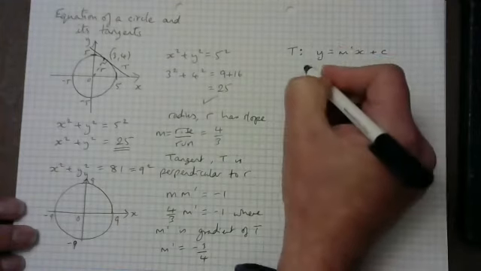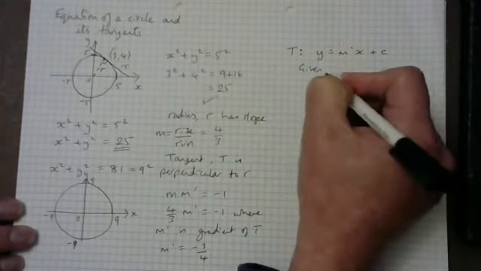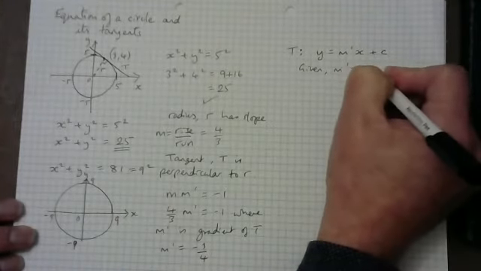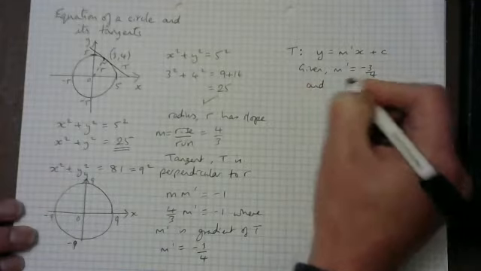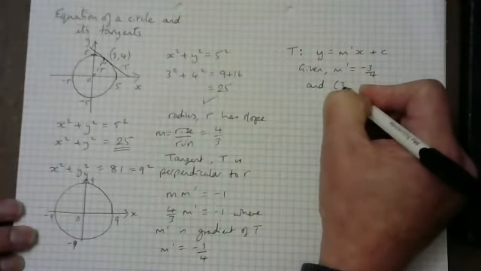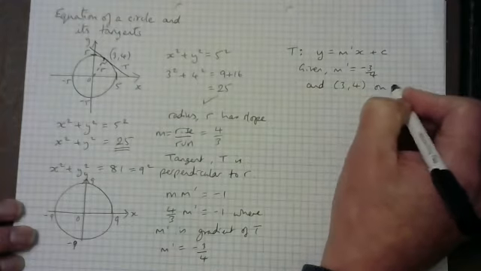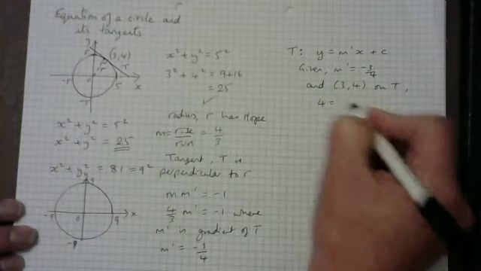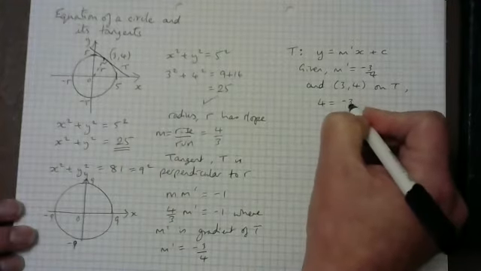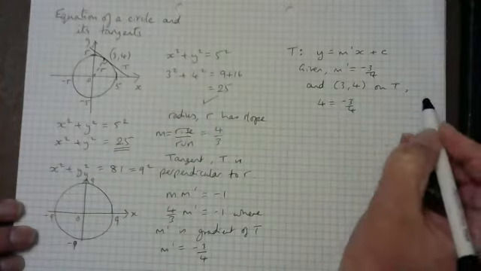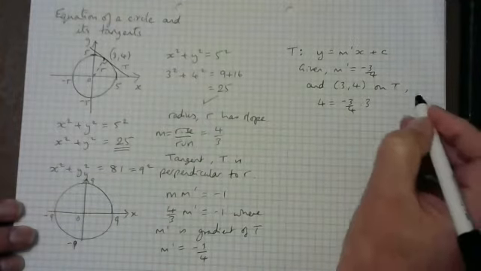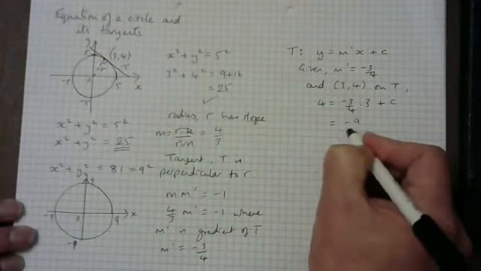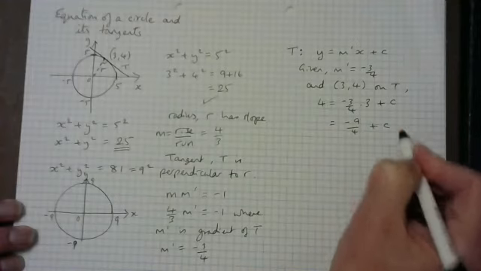I have two things I know. Given m prime, I know, is -3/4, and the point 3, 4 on t, 4 equals minus 3/4 times x, which is 3, plus c, equals -9/4 plus c.